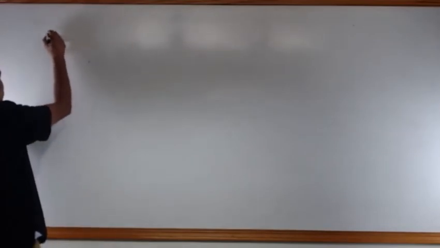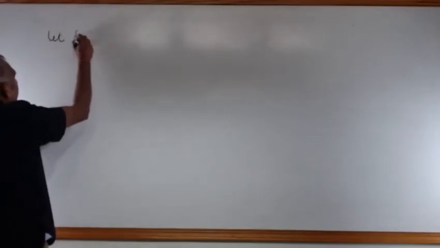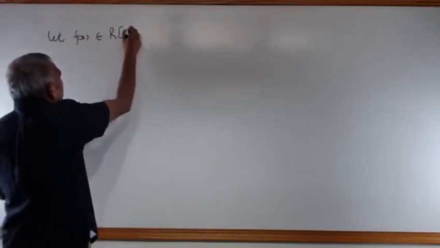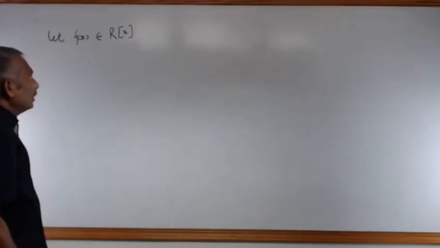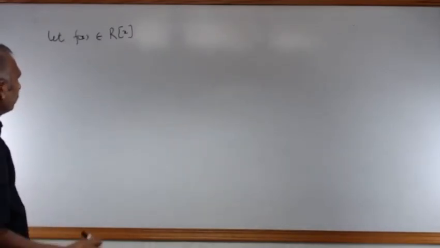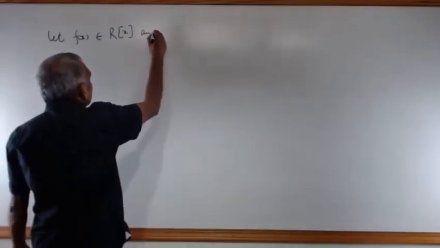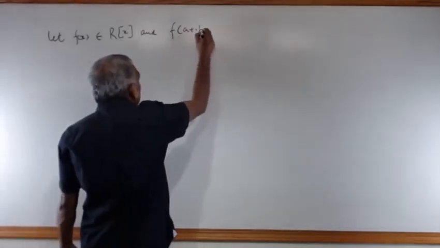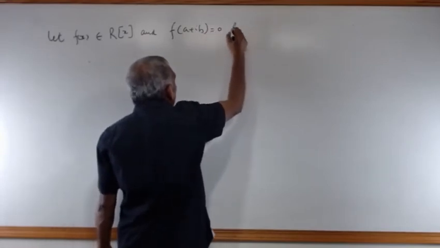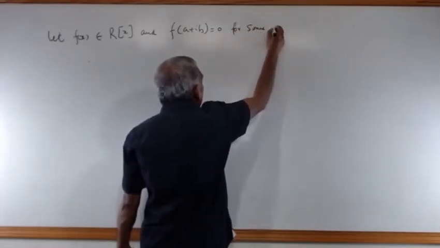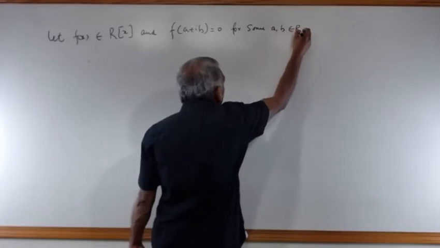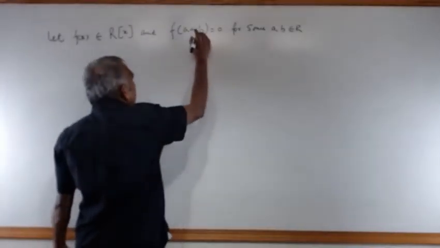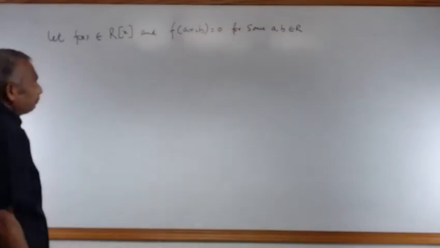So let f of x be a polynomial in the ring of polynomials over real numbers, and f of a plus ib is equal to 0 for some a comma b in R. Not every a and b, but some a and b.